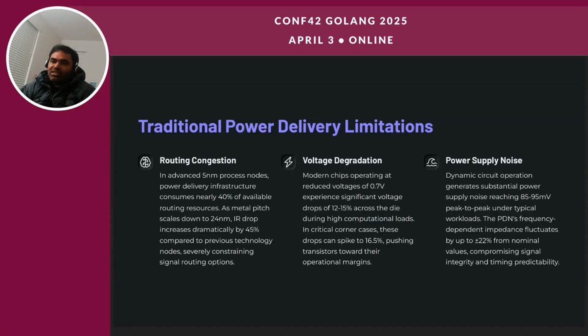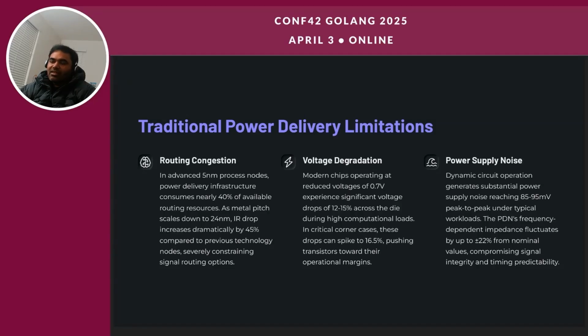There is also another disadvantage, voltage degradation. As technologies go down towards 2 nanometer, the operating voltage also comes down to around 0.7 volts, and voltage drops significantly, 12 to 15% across the die during high computation loads. Even in the critical corners it increases to 16.5%.